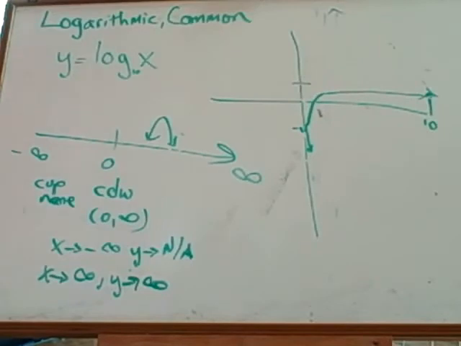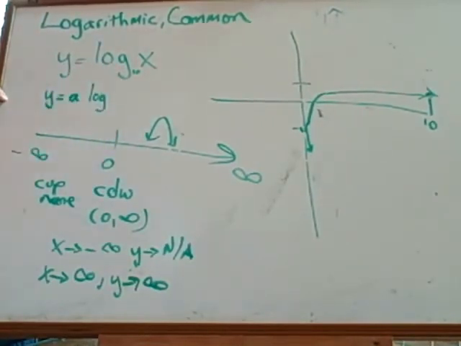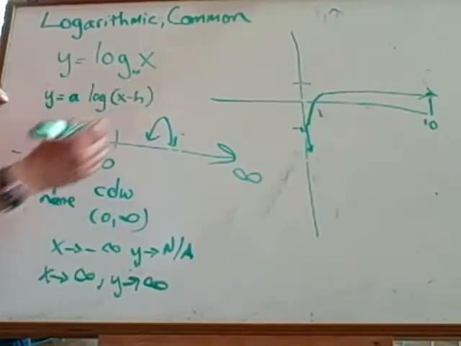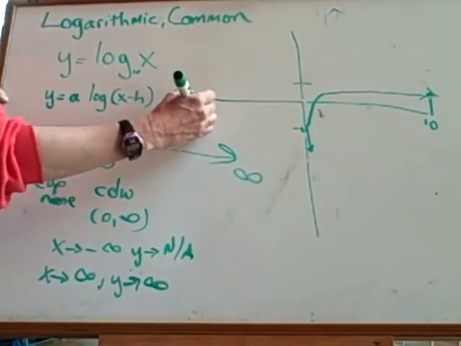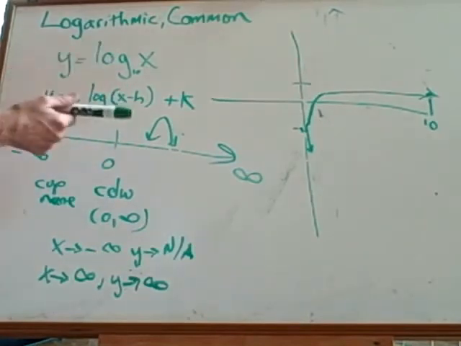I'm going to give you the alternate form. It's going to be y equals a times log, and I'm not going to put the 10 in there because it's understood, of x minus h, close parenthesis, and then plus k. Again, the h moves it left and right, k moves it up and down.